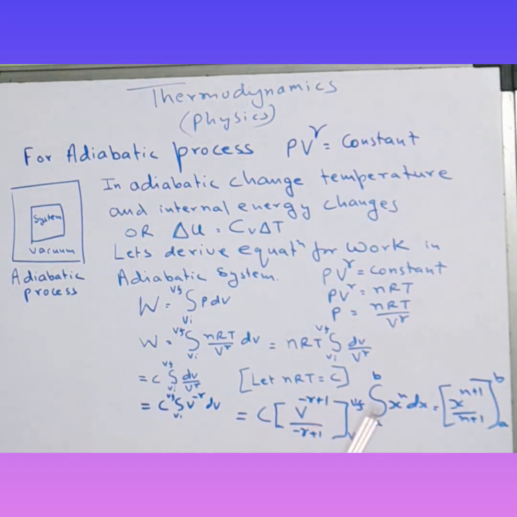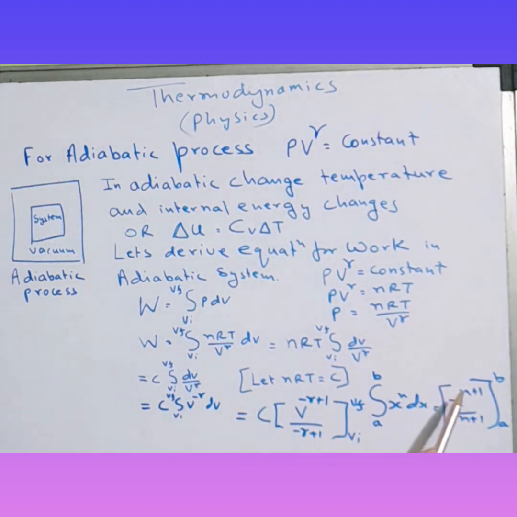Now we know the formula for the integral of x raised to n dx: it is x raised to n plus 1 divided by n plus 1, and the range comes after the solution. Here it is 1 over V gamma, which we can make into linear form by writing it as V raised to minus gamma. Now it gets the linear form.